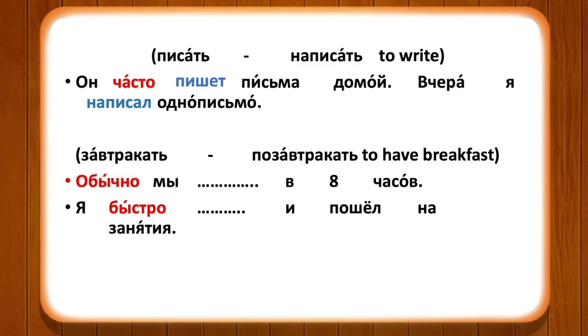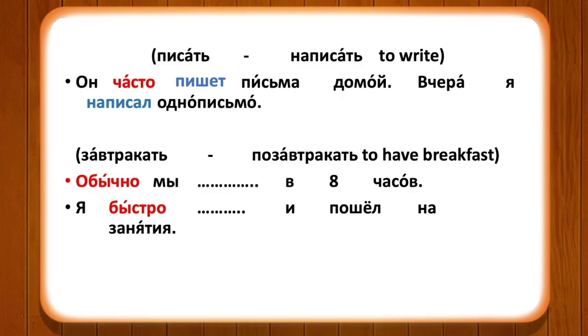Again, this adverb indicates an action that is taking place more than once or regularly. So to denote such actions, we will be using the verb of imperfective aspect, which is завтракать.